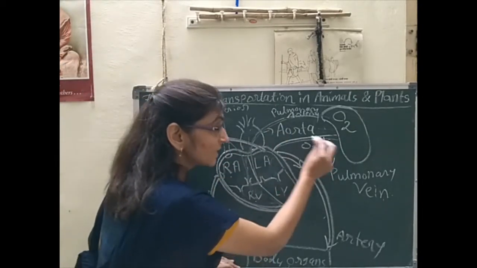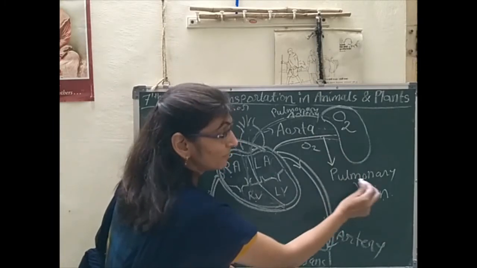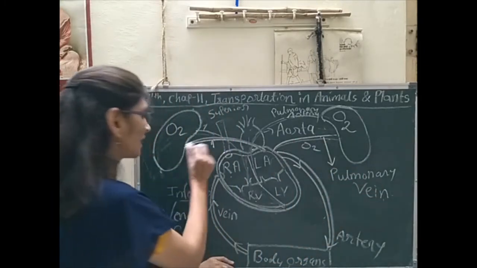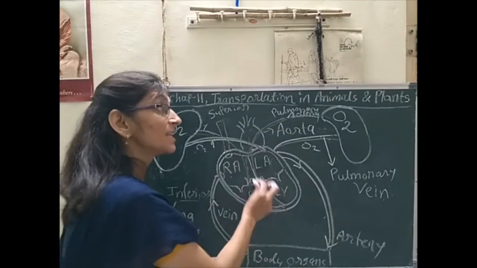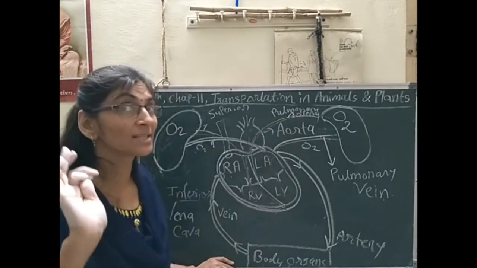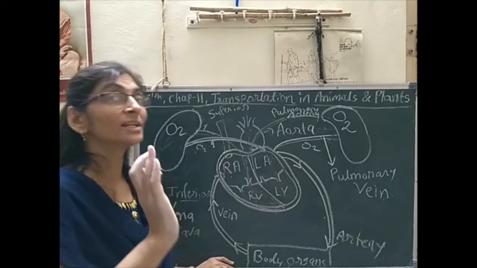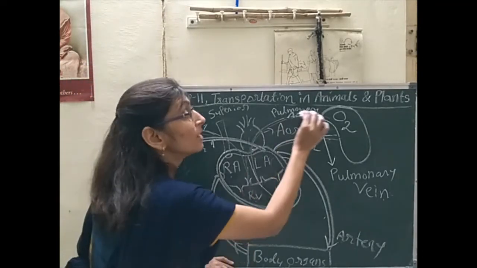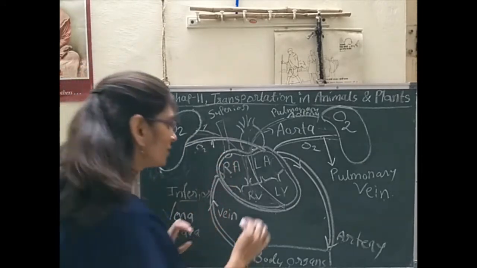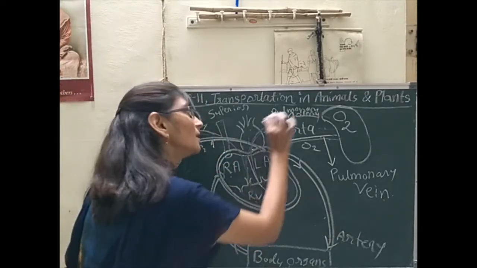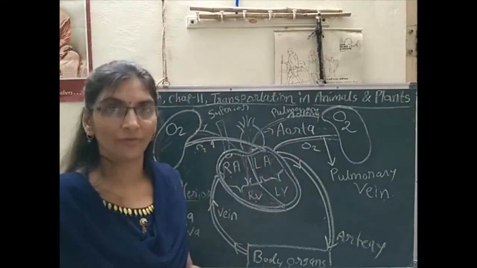So this is the exceptional vein, the pulmonary vein, which carries oxygenated blood from the lungs towards the heart. And the exceptional artery, कौन सी एक्सेप्शनल आर्टरी है जो कि डीऑक्सीजनेटेड ब्लड कैरी करती है? That is the pulmonary artery, the exceptional artery which carries deoxygenated blood from the heart to the lungs for purification.